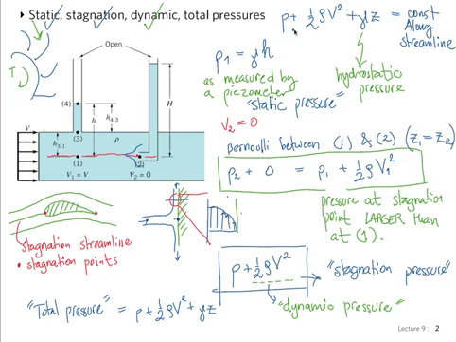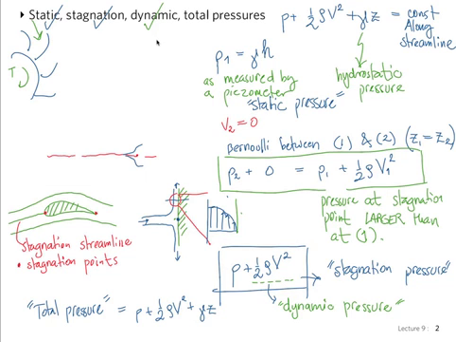You see? P is gamma H, and this gamma z comes about from the elevation effects in a whole system.